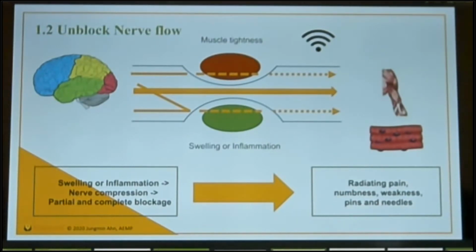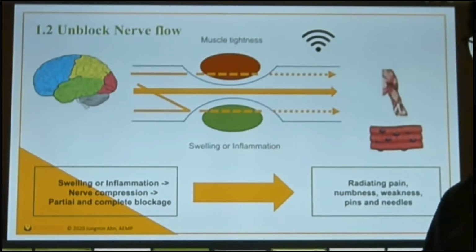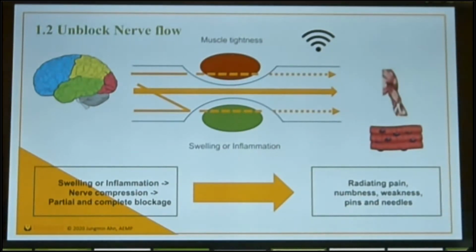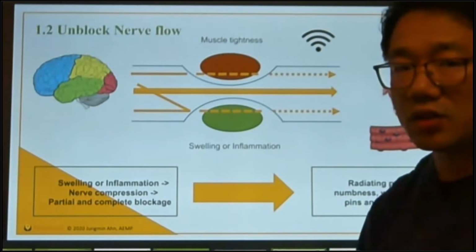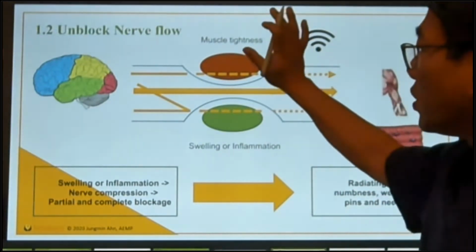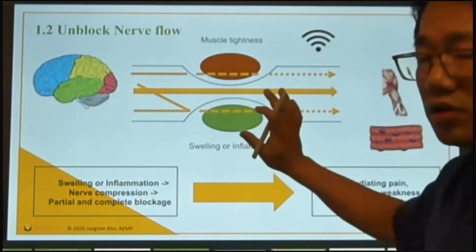When you have nerve compression, you may have radiating pain, numbness, weakness, and pins and needles. In my clinical experience, more than 60% of pain is from nerve compression. So it's important to relieve muscle tightness and reduce the swelling.